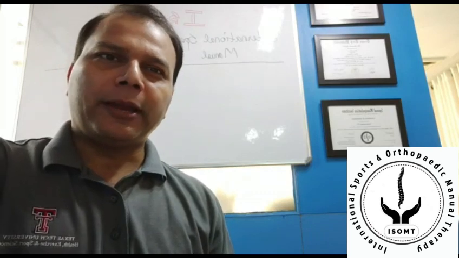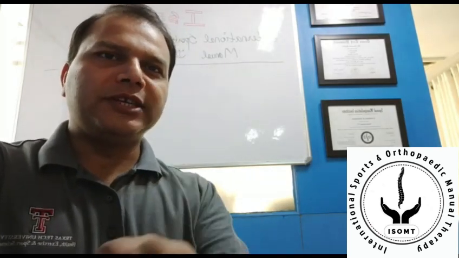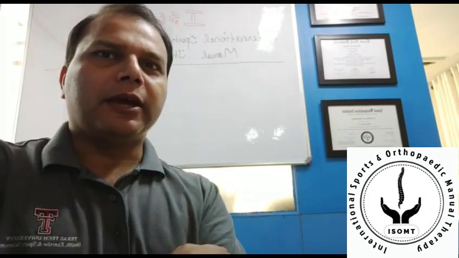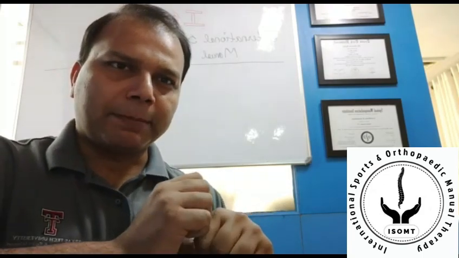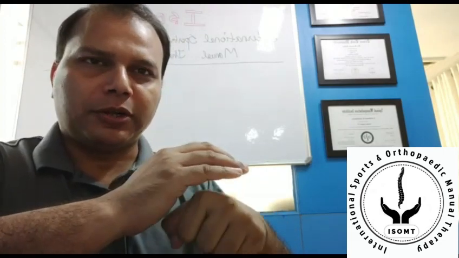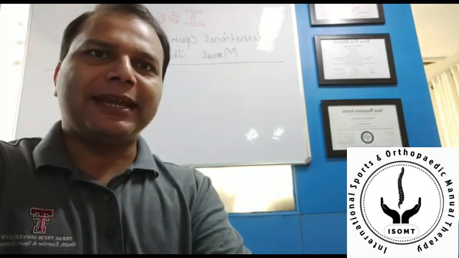Next question, when your hip is in neutral, what glide will help to increase the hip internal rotation? If you know your arthrokinematics, you know that in order to increase the hip internal rotation, we need to push the hip posteriorly. So the posterior glide is the correct answer, which is the first option.